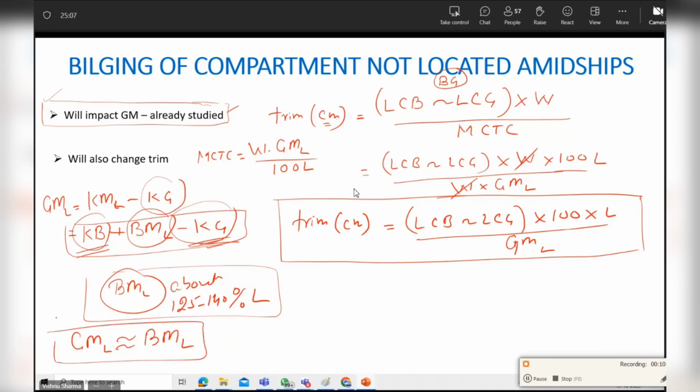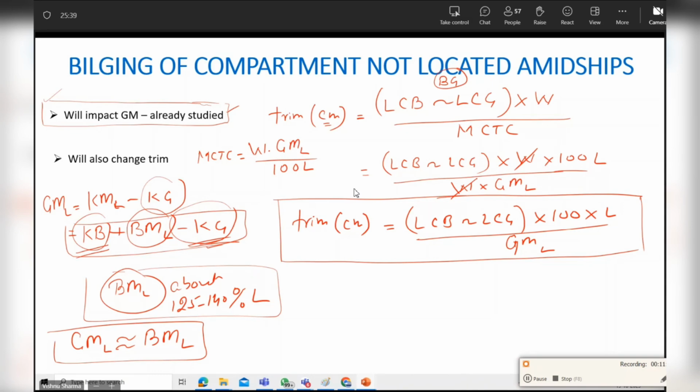Because even if you take KB as half the draft, say the ship is floating at 8 or 9 meters draft, you'll have 4.5 meters of KB. It is usually more than half the draft because of the lower portion being finer. And KG of the ship will be about 6 to 7 meters. So the error is about 1, 2, 3 meters, not more than that. Instead of leaving KG altogether unattended, we can to some extent offset it by removing the KB also.